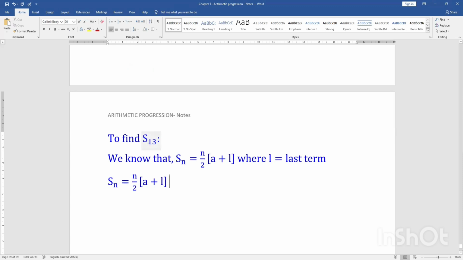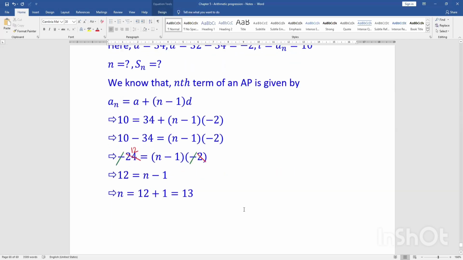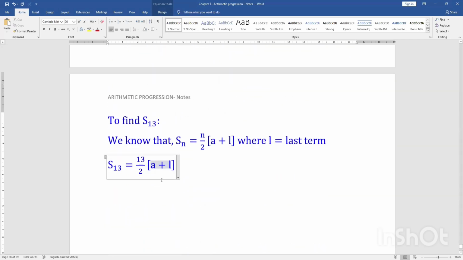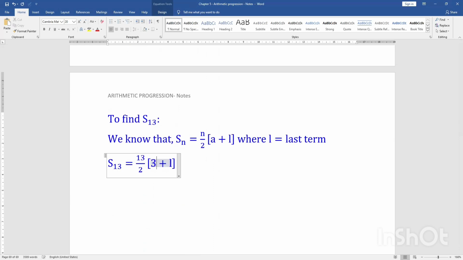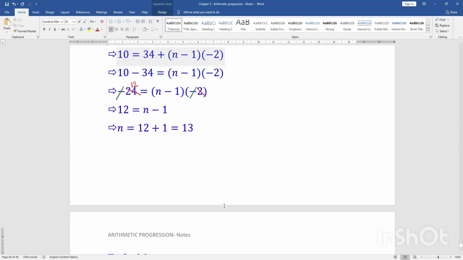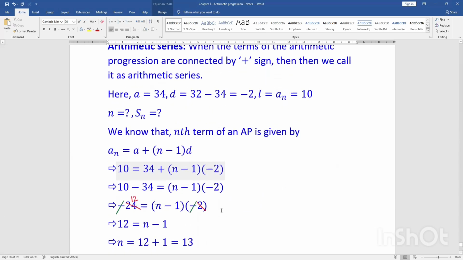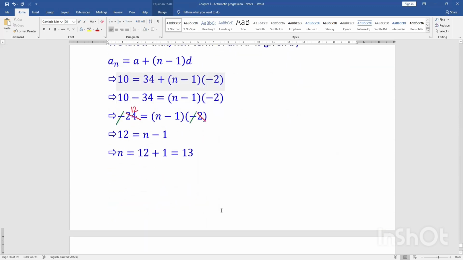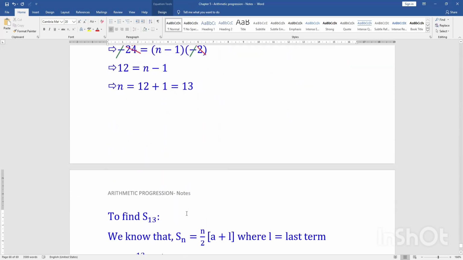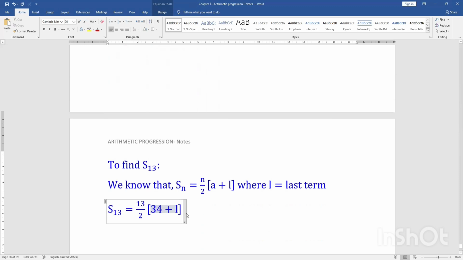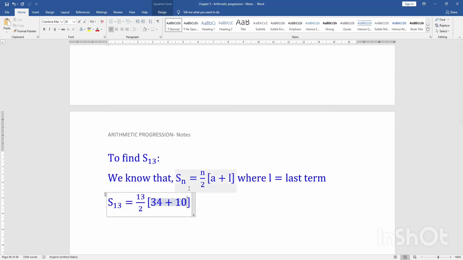Since I need to find S13, I put n equal to 13 here, and here also 13. The value of a is 34, and the value of l is the last term, so we put l as 10.